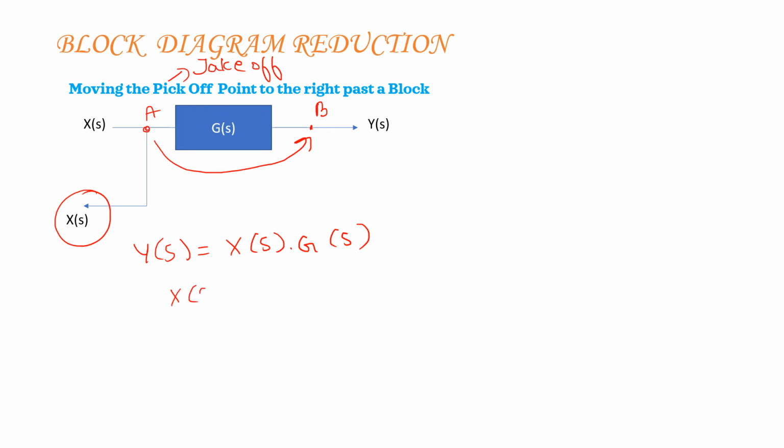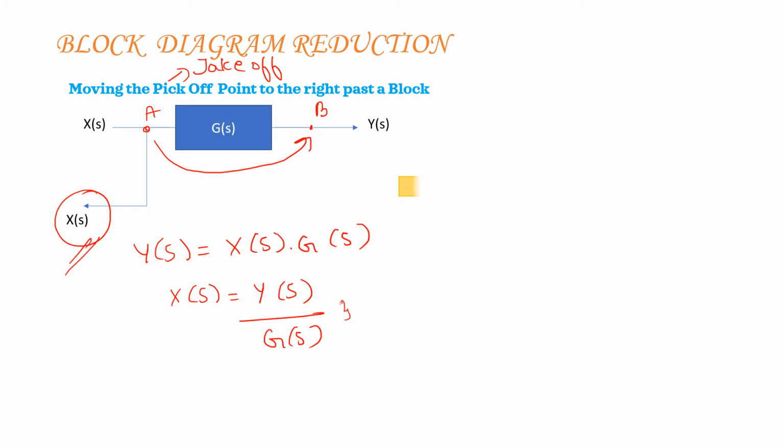So what is X(s)? X(s) is Y(s) by G(s). So even if we shift the takeoff point from A to B, our X(s) should remain equal to Y(s) by G(s).